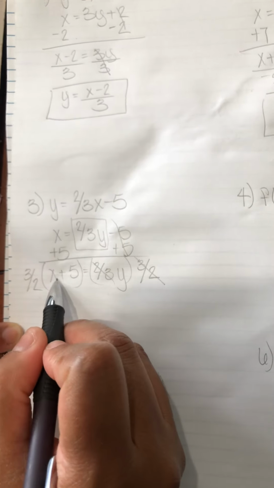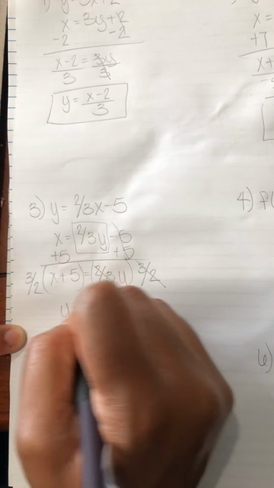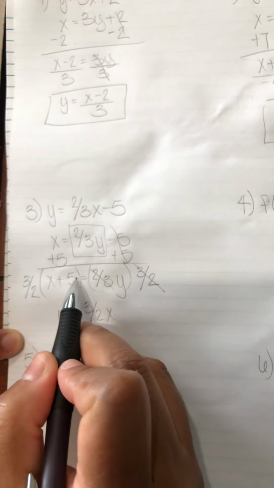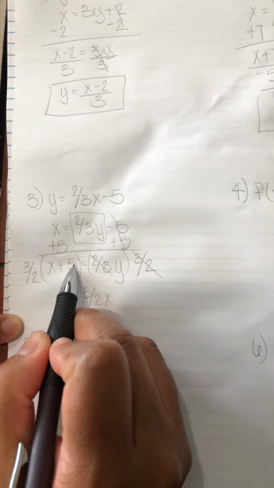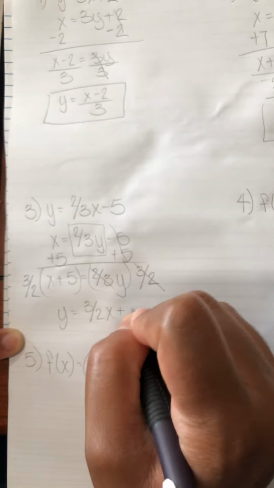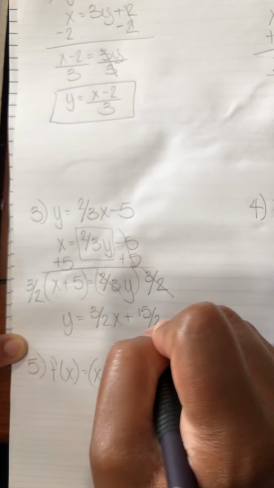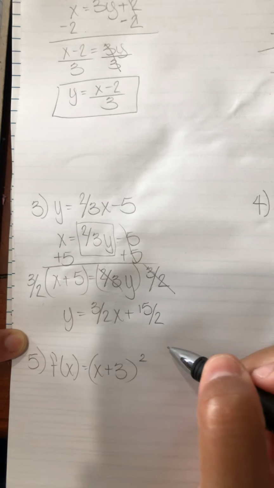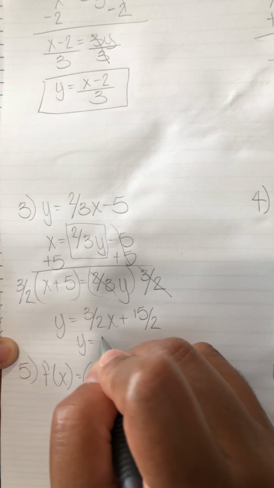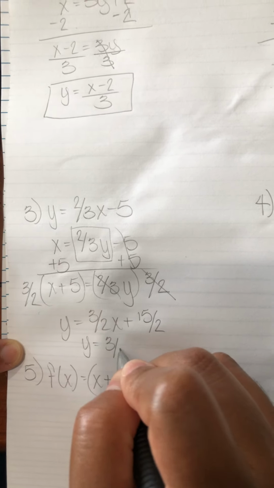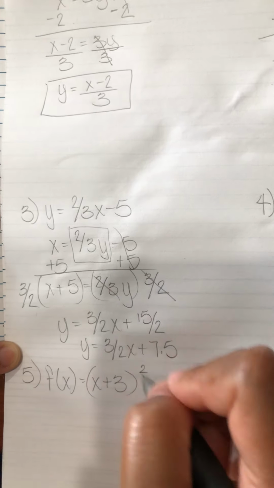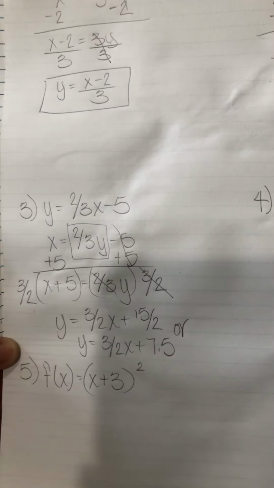And 3 over 2 times x will give me 3 over 2 x. 3 times 5 gives me 15, and then 15 over 2 is what I will write. Now, if you want to write what 15 over 2 is, which is 7.5, I'm perfectly fine with that. So if you want to write 3 over 2 x plus 7.5, that is exactly the same. Either of those will work.